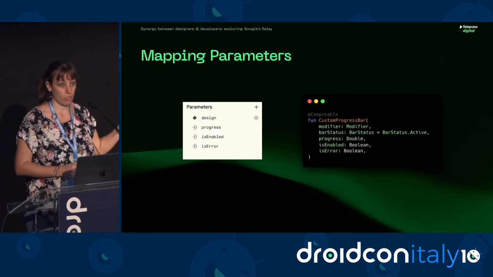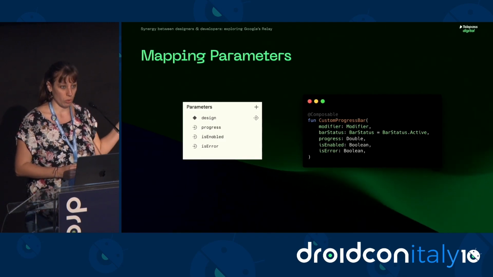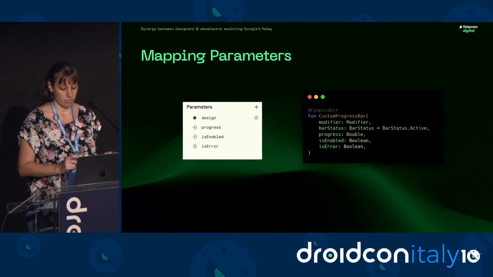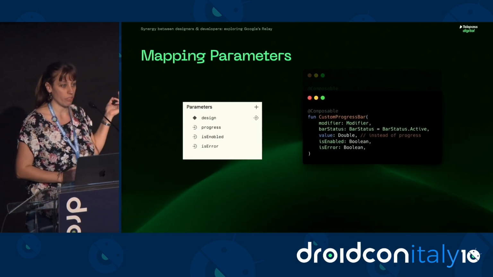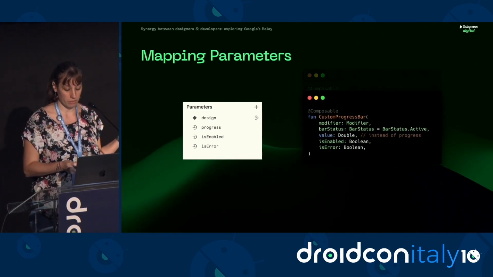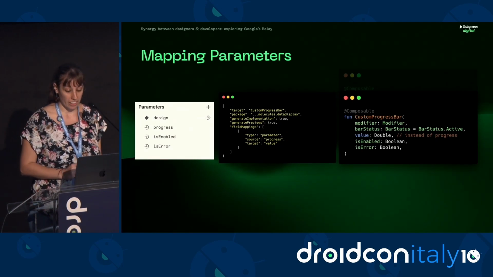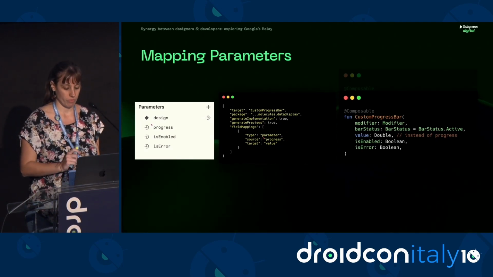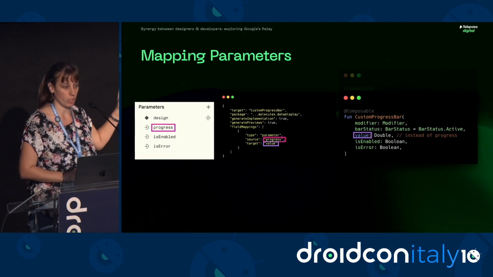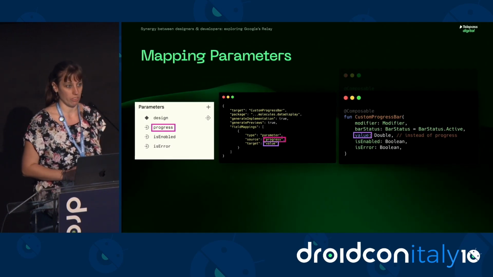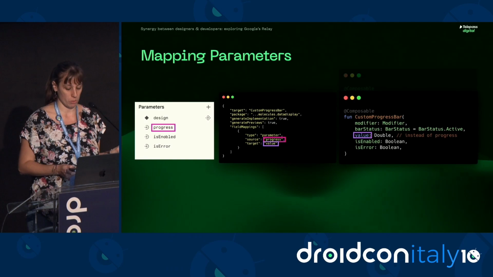When the plugin converts the Figma layout into code, it uses the parameter names given by the designer. If there is a need to use a different nomenclature for some parameter, this can be done by specifying in the mapping file a list of objects whose source corresponds to the parameter name on Figma, while the target is the new name you want to give to the input parameter of the composable.